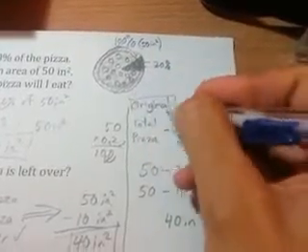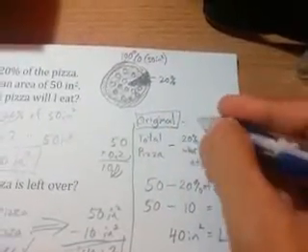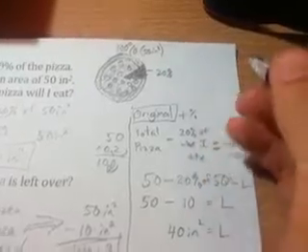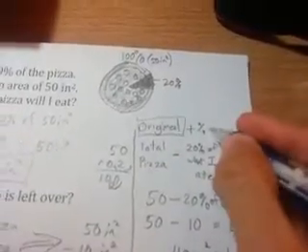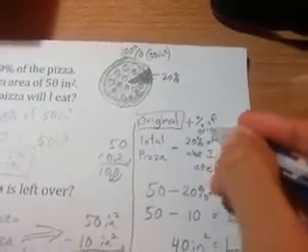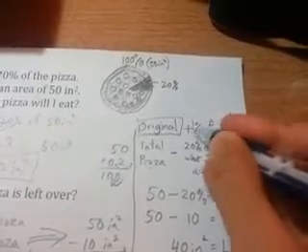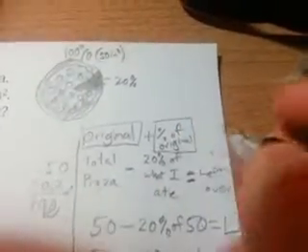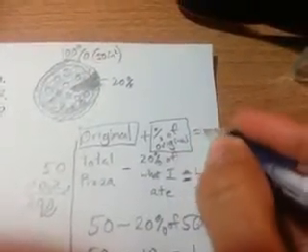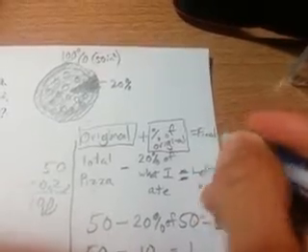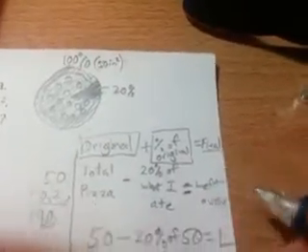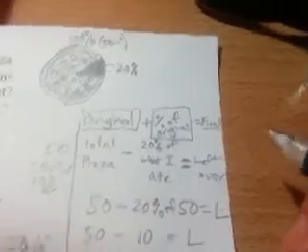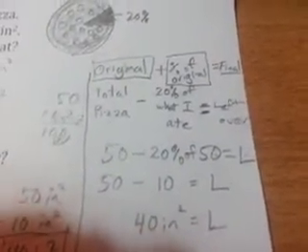I start with the original, and I subtract percent, or add, it depends on the problem, percent of original. So I got the original plus or minus the percent of the original, and it gives me my final. In this problem, it was my leftover. That's the recipe that we're going to use for all the problems from now on.